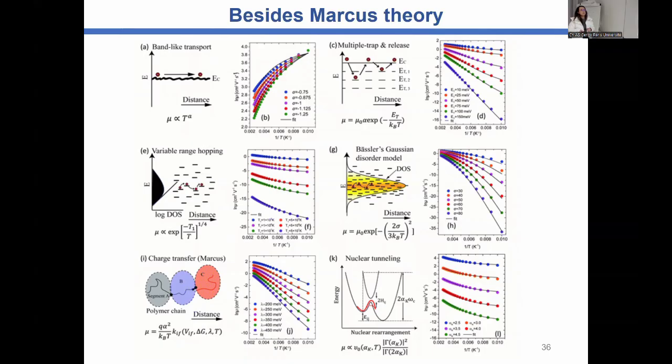Every transport modeling actually has this relationship with the temperature, but in terms of the region and also in terms of the material, sometimes the mobility can be well related to the model.